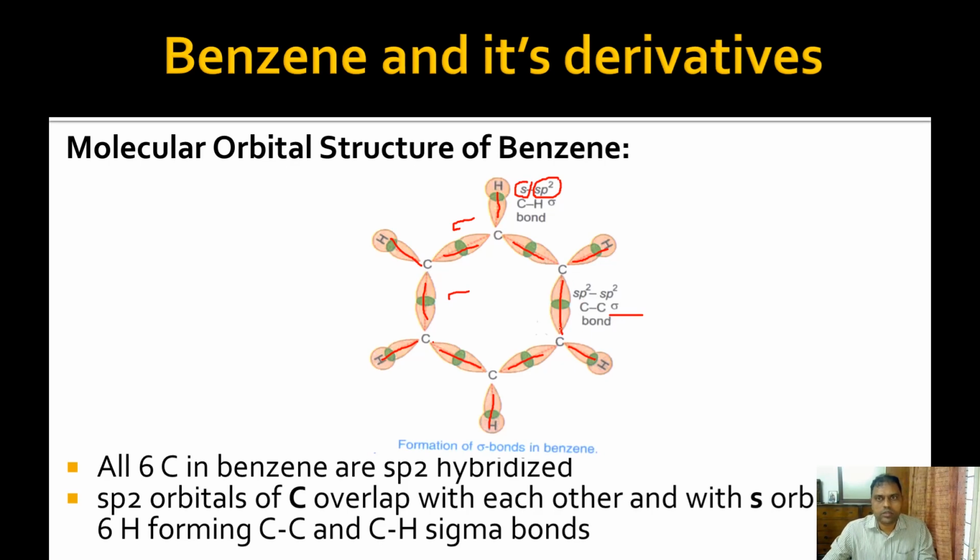So there are two types of sigma bonds. One is the sp2-s sigma bond because of the carbon and hydrogen, and there is the sp2-sp2 sigma bond because of carbon-carbon bonding.